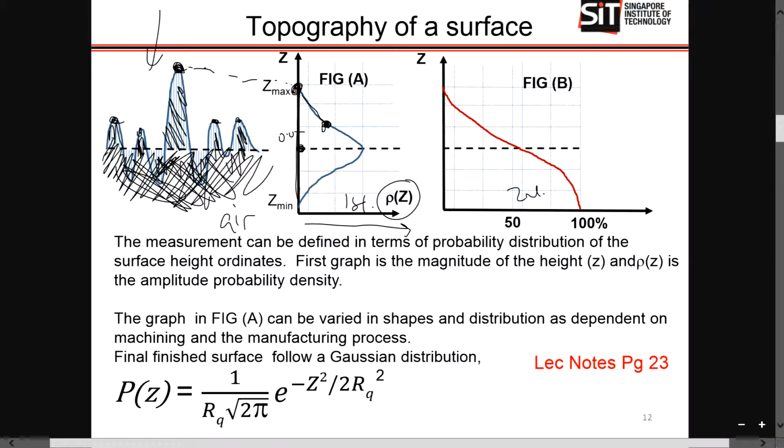So the probability over here is higher than this particular point. I think you get what I mean. So the probability over here is higher than this probability because there are more points, more peaks. So as you go all the way up to this particular center line, that's what they call the RA.